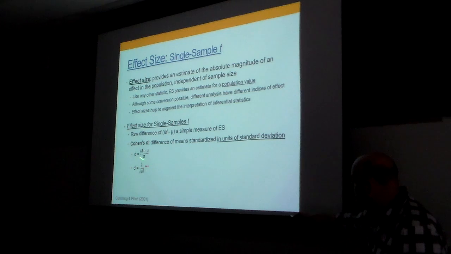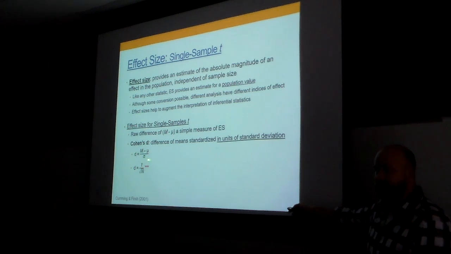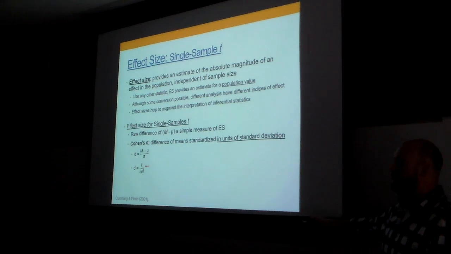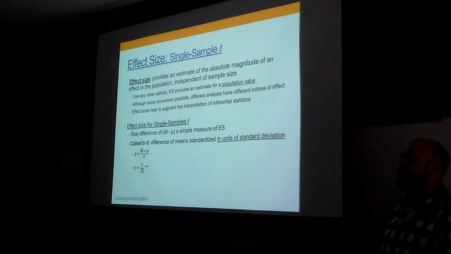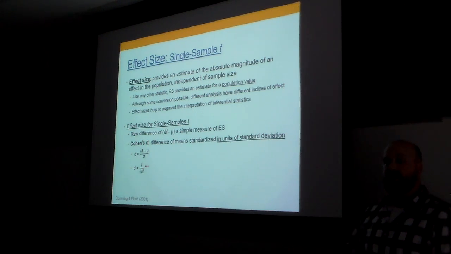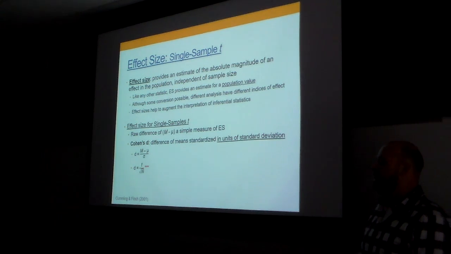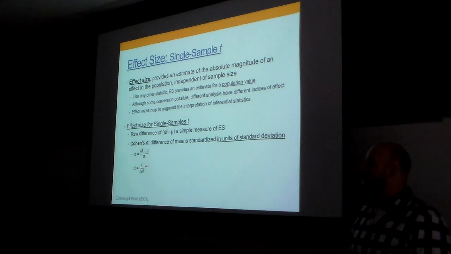Okay, that should be an S, not sigma, because we don't know the population value. But actually, Angeline, can you shoot me an email and tell me to fix that, just so it's consistent? So basically, we're just taking the mean difference, dividing it by the standard deviation, and this is going to give us our standardized effect, right?